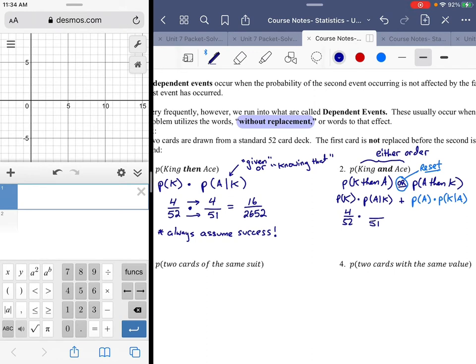Once I remove 1, I'm down to 51 cards overall, but I still have the 4 aces. Start over, shuffle the deck up, there's a 4 in 52 chance of getting an ace. Once I select a card, turns out it was an ace, I'm down 1 card total, but I still have all my kings. So I still have my 16 over 2652, but I have a second 16 over 2652, which gets us to 32 over 2652.